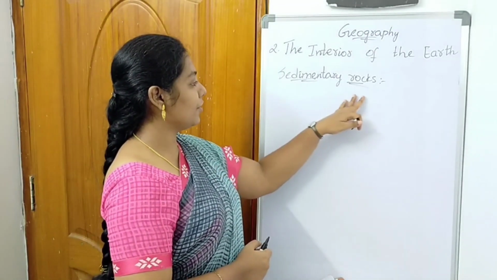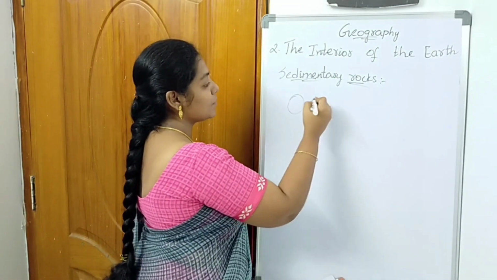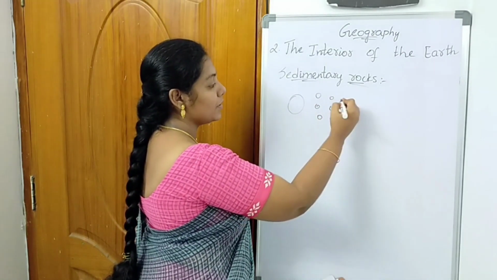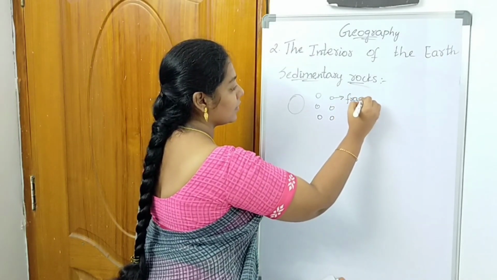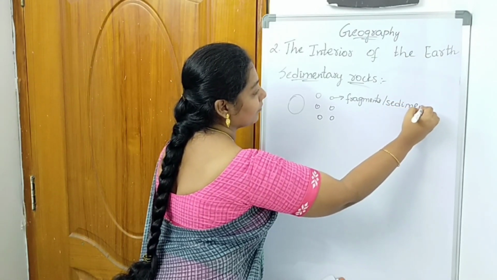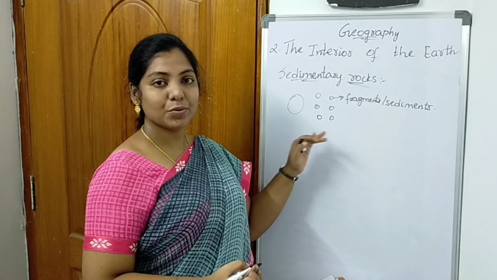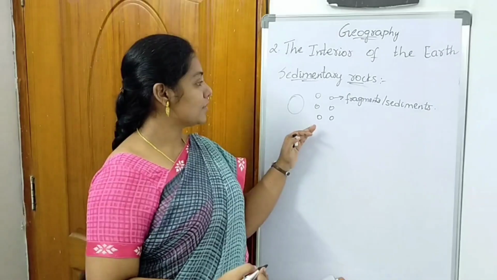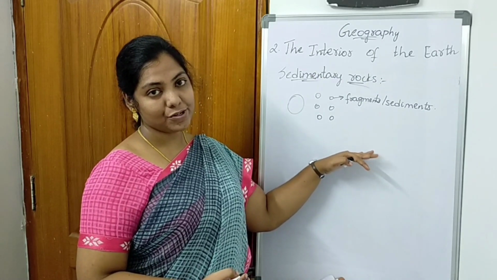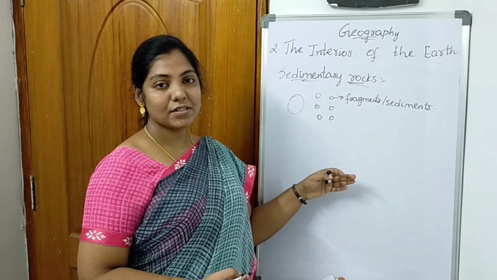Now let us see sedimentary rocks. Sedimentary rocks are nothing but rocks which, over time, have broken down into small fragments. We call these fragments sediments, and due to the processes called weathering and soil erosion, they are transported from one place to the other, by wind and so on.